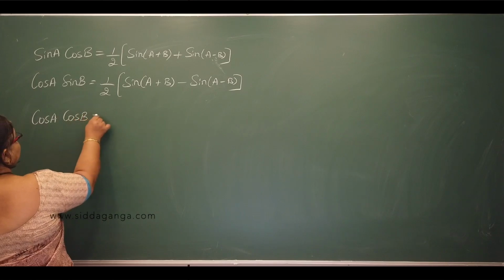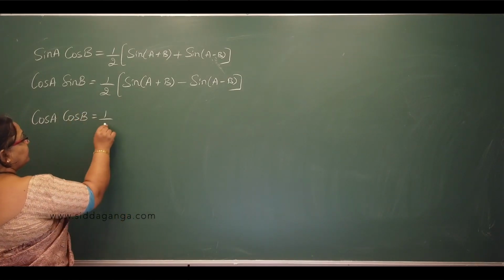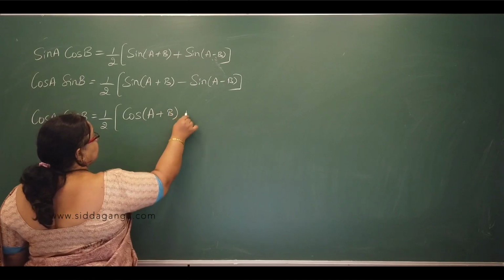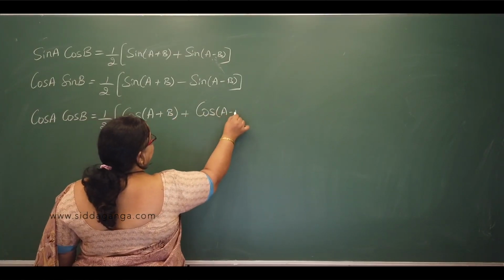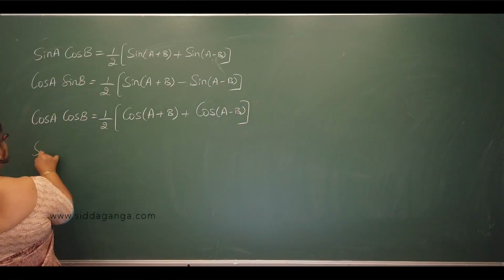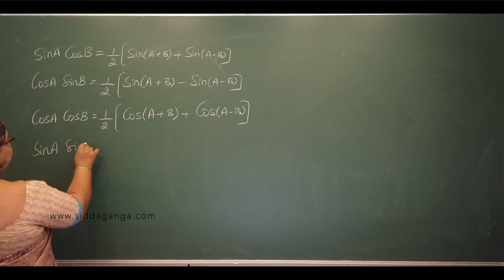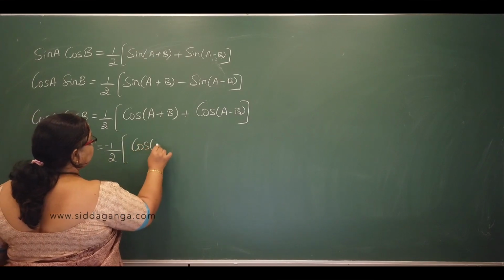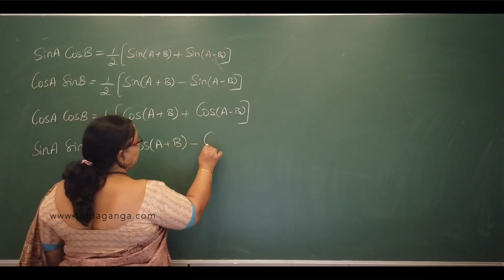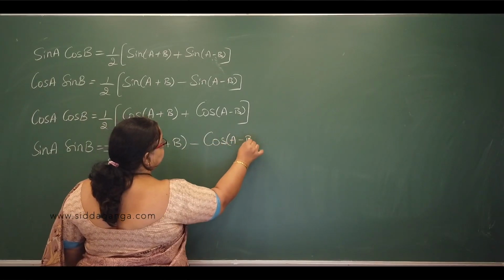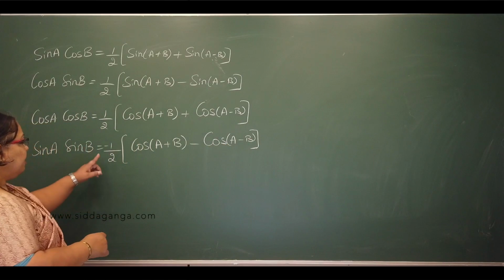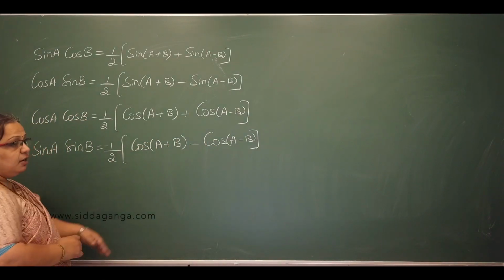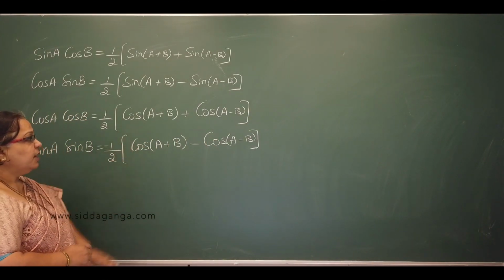Next, cos A into cos B. We know that both are cos ratios, so in terms of factors, they are in the compound angle formula cos: cos of A plus B plus cos of A minus B. Next, sin A into sin B is equal to minus half of cos of A plus B minus cos of A minus B. Even this can be represented as plus 1 by 2 into cos of A minus B minus cos of A plus B, where we interchange the factors and multiply with the minus sign.